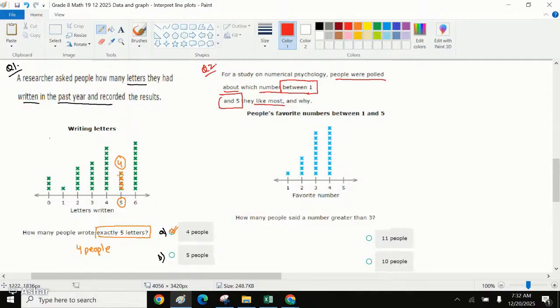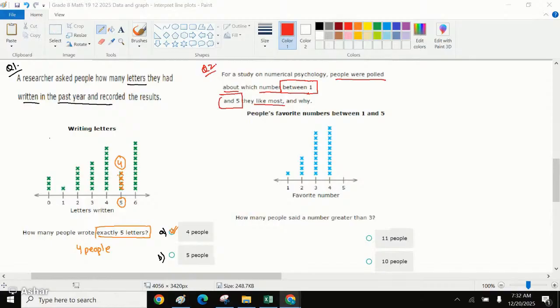So these are the answers. Some people said like we like number 1 more than number 2, some said number 4 we like more, right? So how many people said they like 5? Because we do not see any mark, that means no one said they like 5, right?